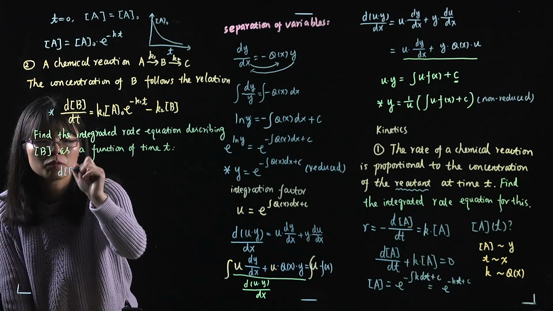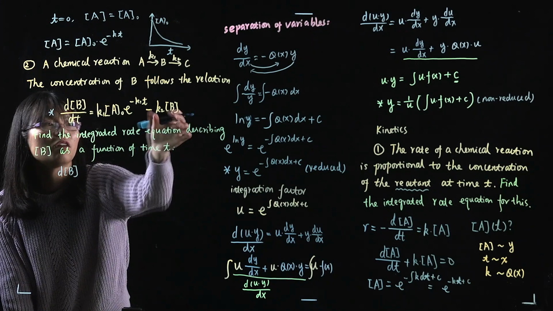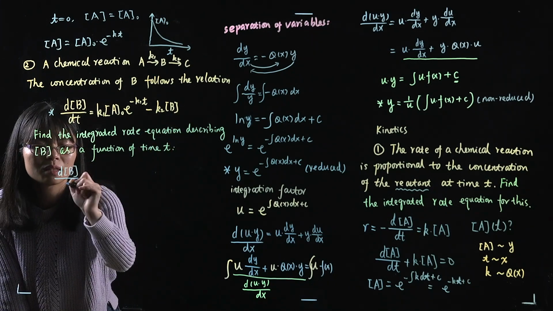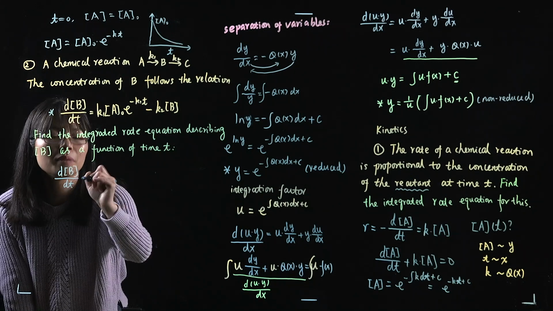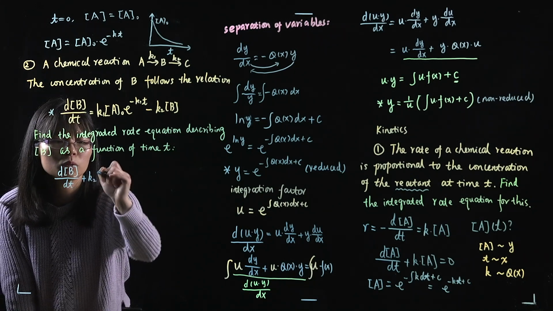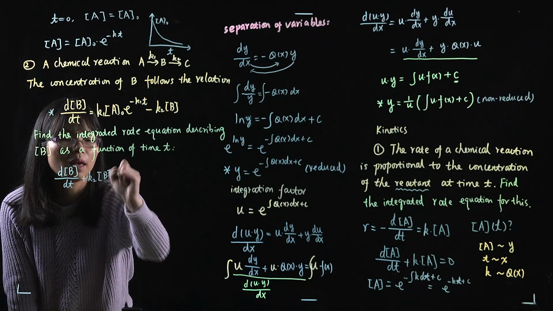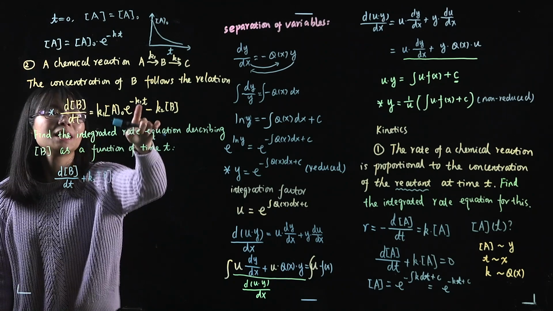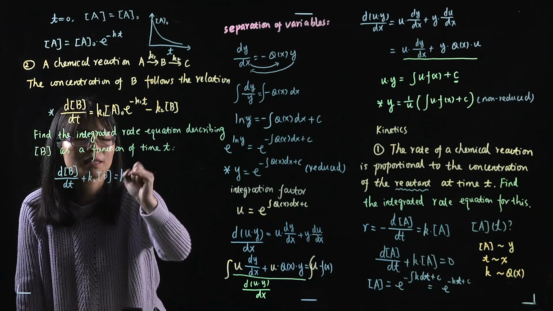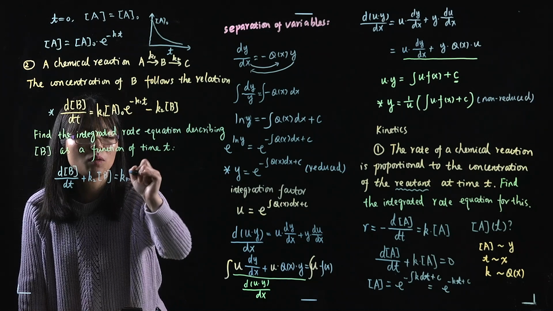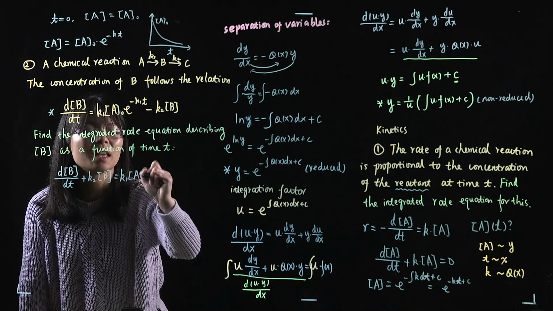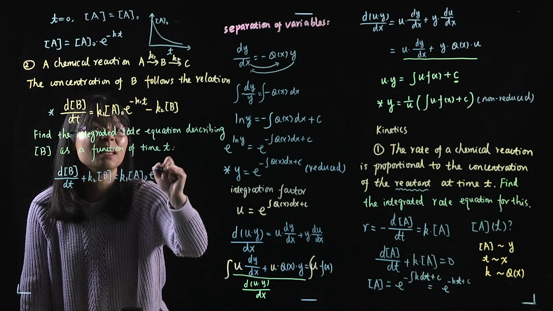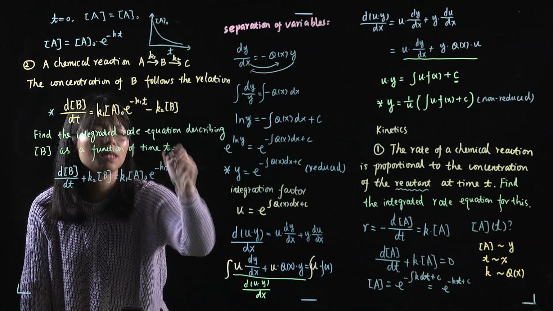If we move all the terms involving B to the left-hand side, we get dB/dt plus K2 times B, and the t dependent term on the right-hand side, which is K1 times A naught times e to the negative K1t.